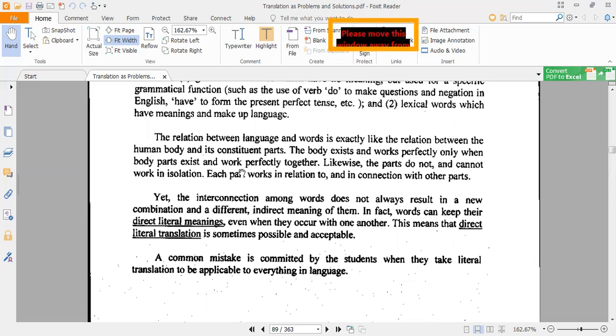For example, the human body can't work very well without the existence of its parts. The same, the language can't convey its functions without using certain and suitable words.